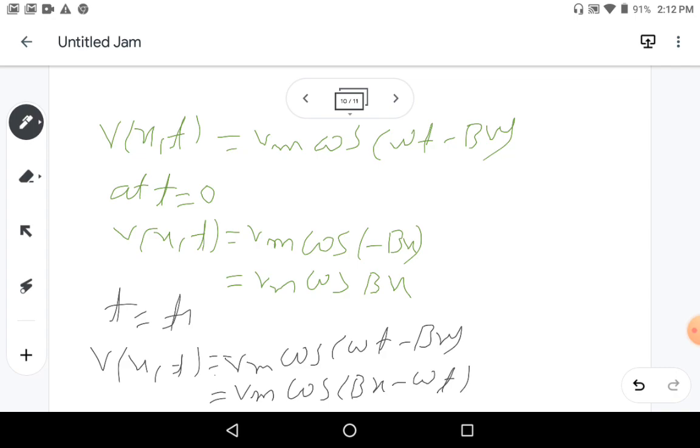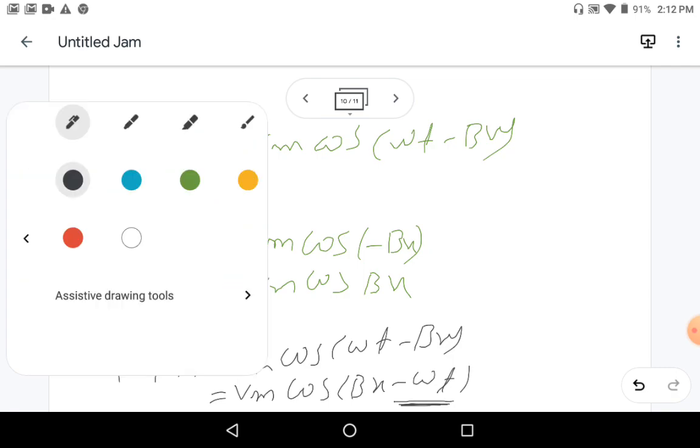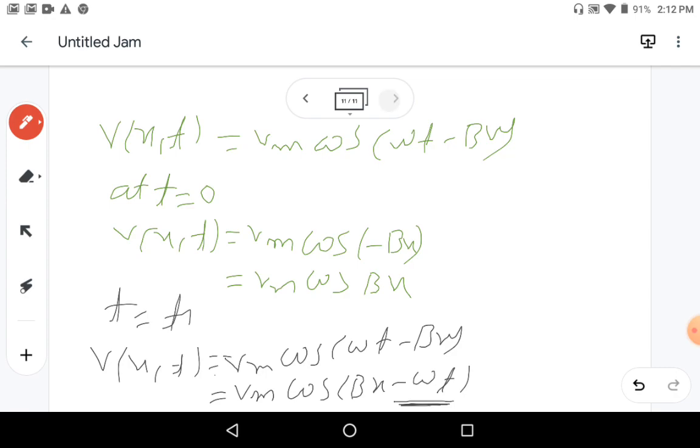So the value of omega t is subtracted from the angle beta x. So we can say that the next curve lags the previous curve. So we draw the curve.